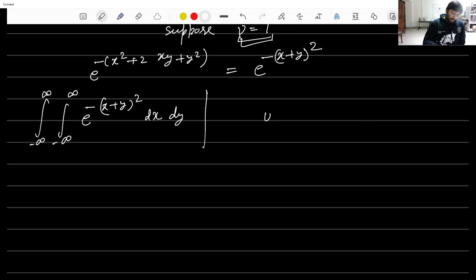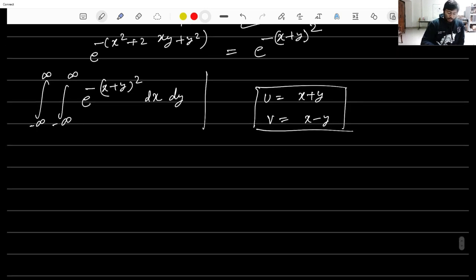Now let us do a coordinate transformation. So suppose we write u equals to x plus y, and v equals to x minus y. So if we do this coordinate transformation, how will you write this area element in terms of du dv? You will write it multiplied by some Jacobi factor. In some previous videos I told you how to calculate this Jacobi factor, correct?